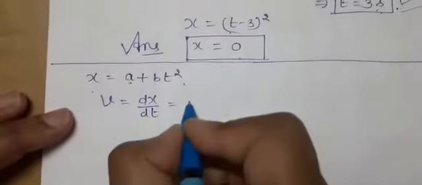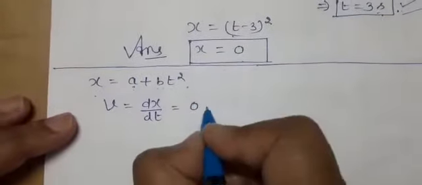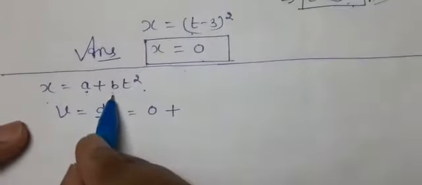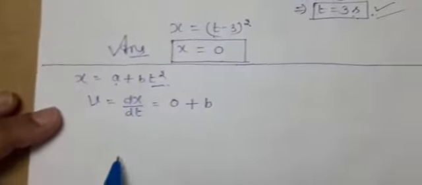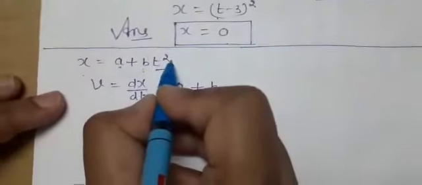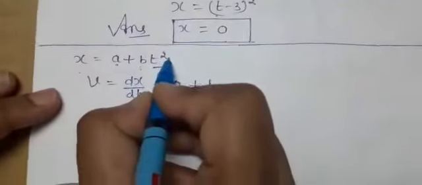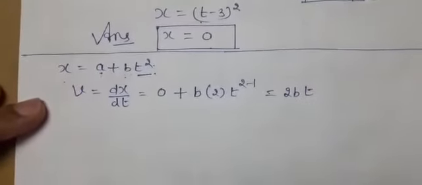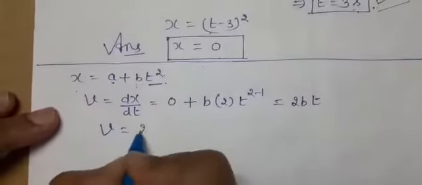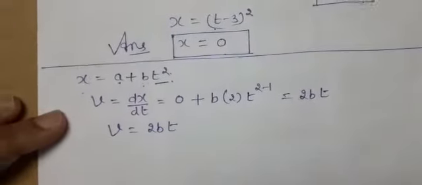A is a constant, its differentiation will be 0. Now coming to bt square, b is a constant, it will act as multiplier. Differentiation of t square, here n is equal to 2, so 2t raised to the power 2 minus 1. So what you are getting? 2bt. So expression for velocity is 2bt.